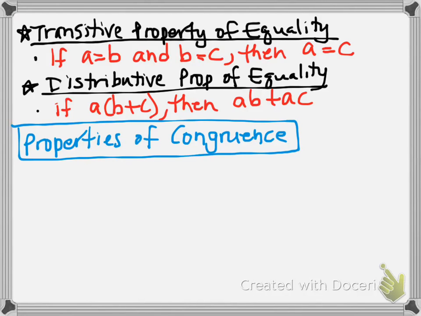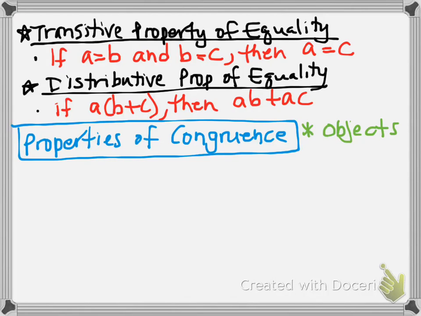And again, I'm going to put this word next to it, and I'm going to use the word objects. So in this one, we're going to be talking about angles being congruent, segments being congruent. We're no longer going to talk about their measures. We're going to talk about their congruence.